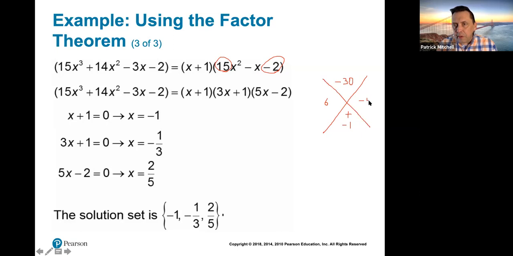And then you use the 6 and the -5 to factor this thing by grouping. All right, just very, very briefly, you would rewrite this as 15x squared plus 6x minus 5x minus 2. And then you would factor that thing by grouping, and you would get 3x plus 1 times 5x minus 2.